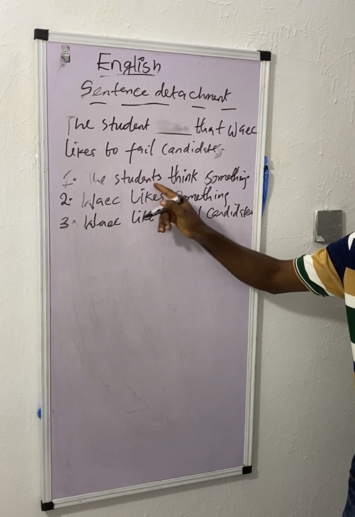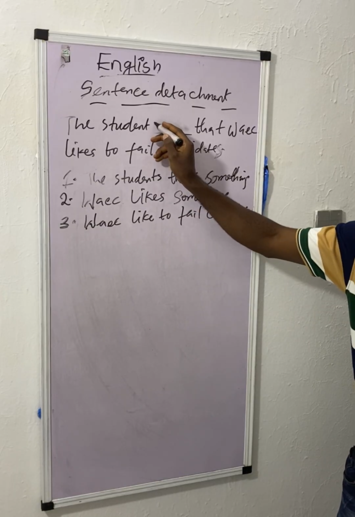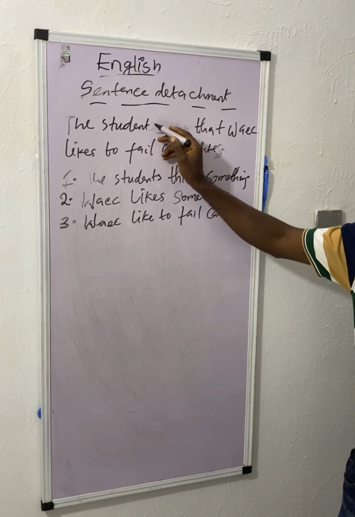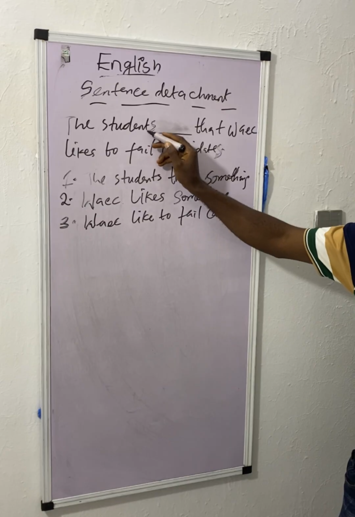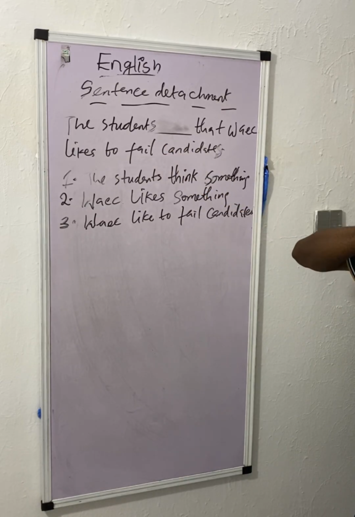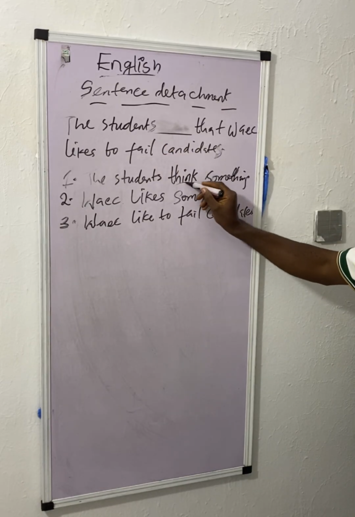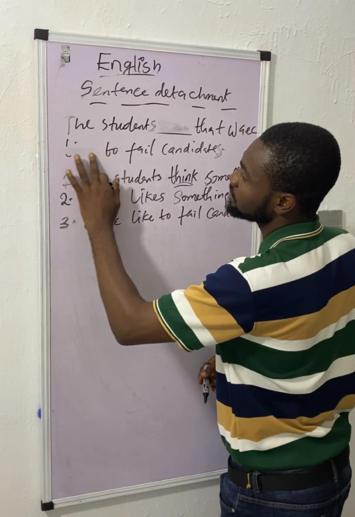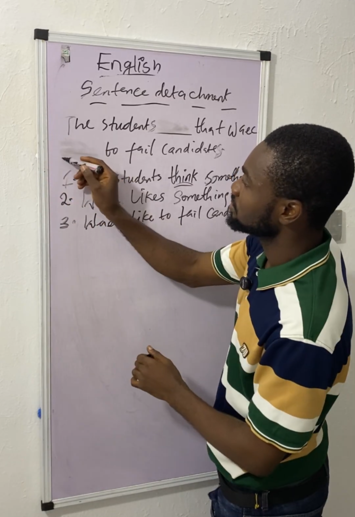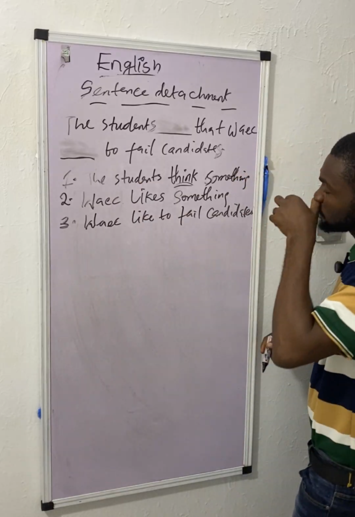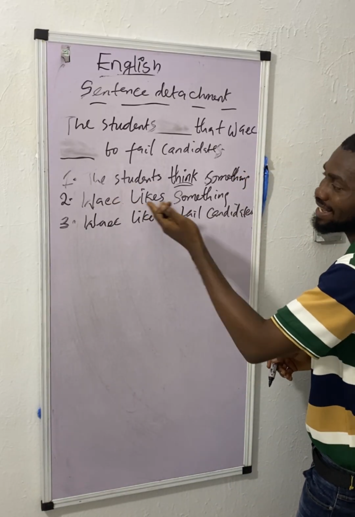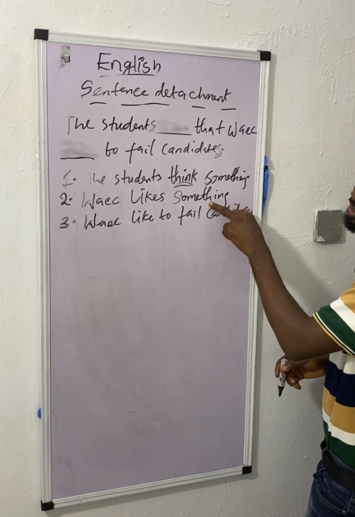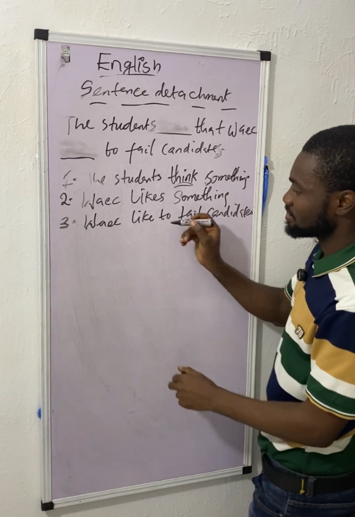The students think something. Students is plural. What is the answer? It's think. You put your think there, get your mark. What if they remove this one and put another blank space here? This has given you the answer. WAEC likes something. WAEC likes.